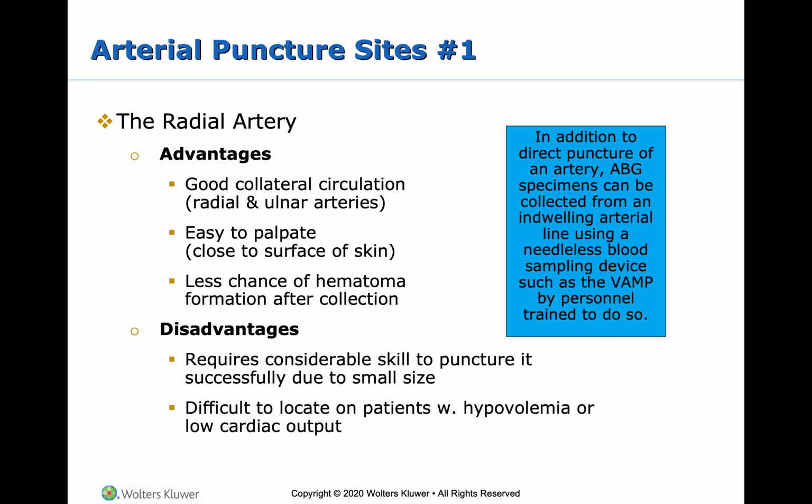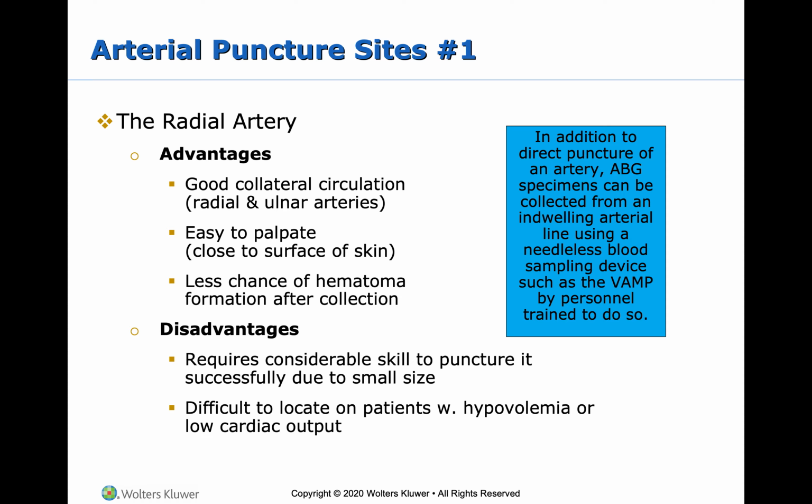So in the blue box, I'm just going to read the blue box to you again. In addition to direct puncture of an artery, ABG specimens can be collected from an indwelling arterial line using a needleless blood sampling device such as the VAMP by personnel trained to do so. I'm not really going to get much into this right now. We're going to get into indwelling lines later in another chapter.